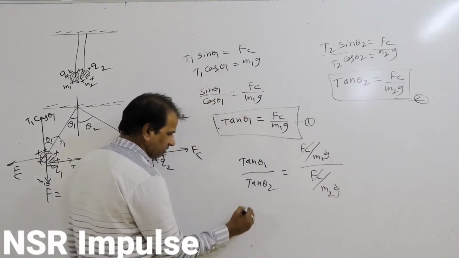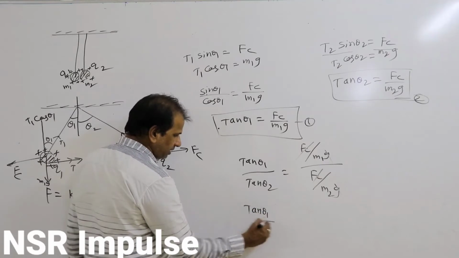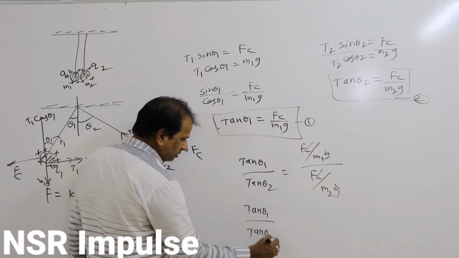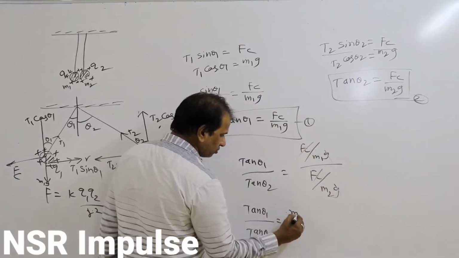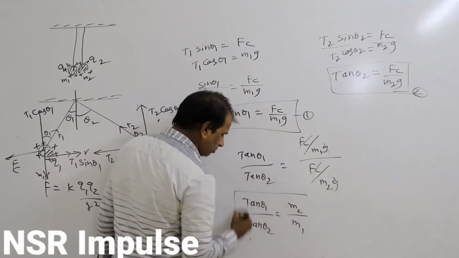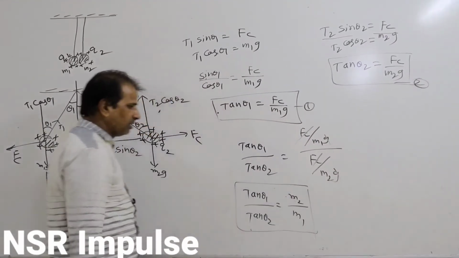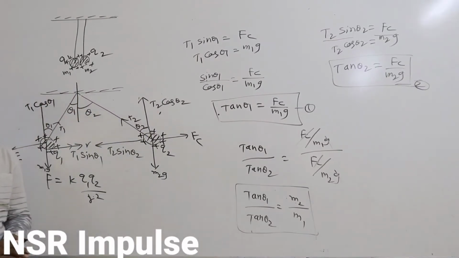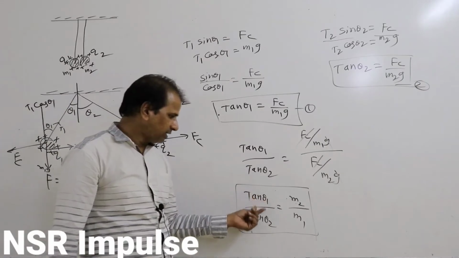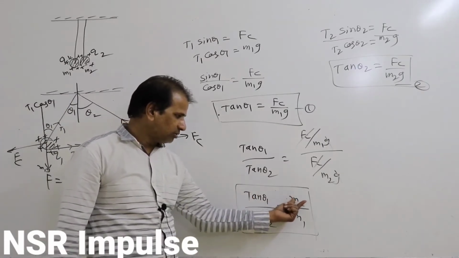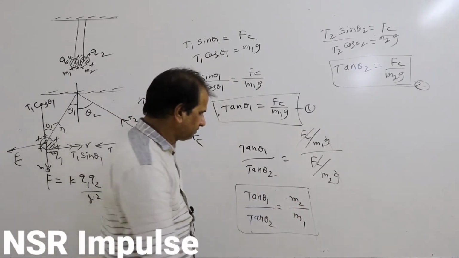Fc and g got cancelled. So tan theta 1 by tan theta 2 is equal to m2 by m1. This is the equilibrium situation.